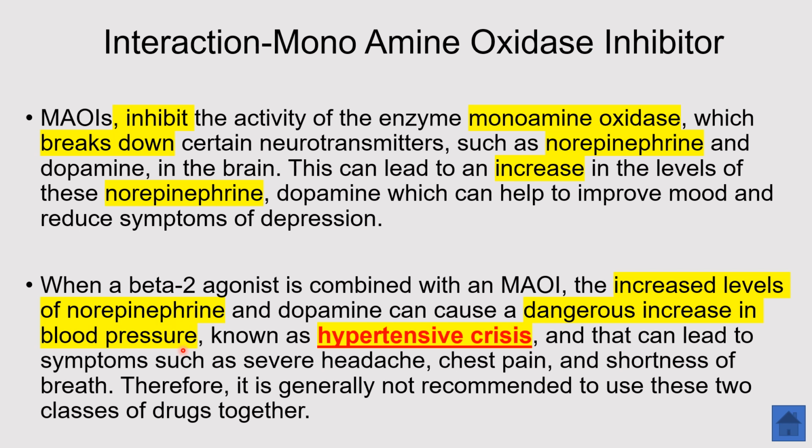So along with the monoamine oxidase inhibitor, they can cause an additive effect. Together they increase the blood pressure, and that causes a hypertensive crisis. So it's very dangerous, and the patient can have a stroke and other life-threatening conditions. So you have to be very careful when you give both of these drugs together.